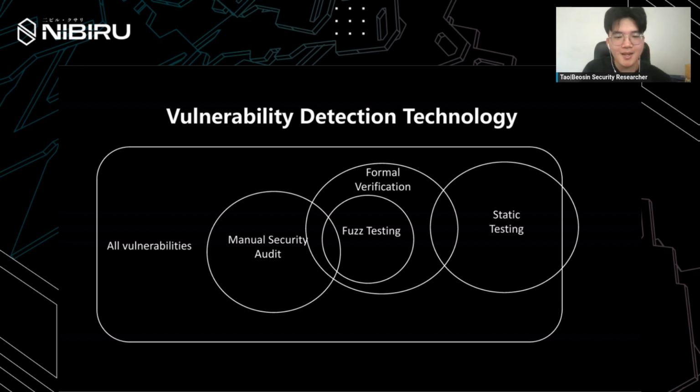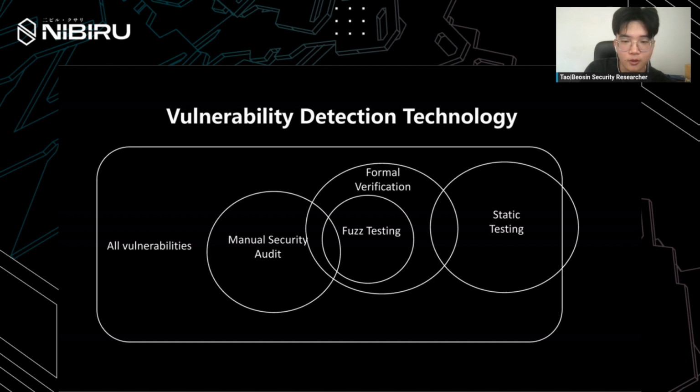Formal verification and fuzz testing will find security issues, especially those involving business logic issues in the smart contract, which are difficult to find.